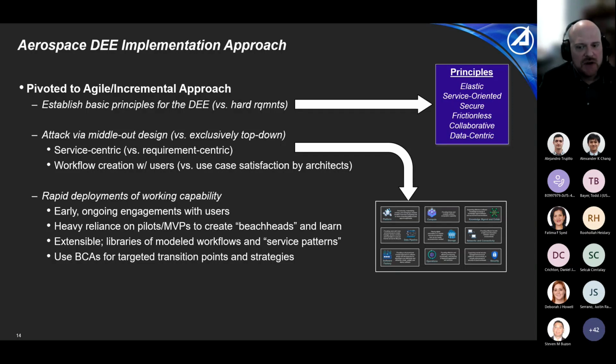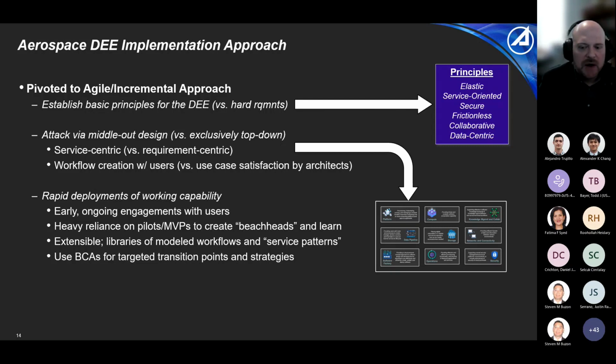Identify what these services are, figure those out instead of doing a full requirements analysis, and then use those services to provide capabilities to users to help them do their job. And so we satisfy use cases by combining services in a manner that allows them to do their job versus figuring out what that is from a top-down architectural level.